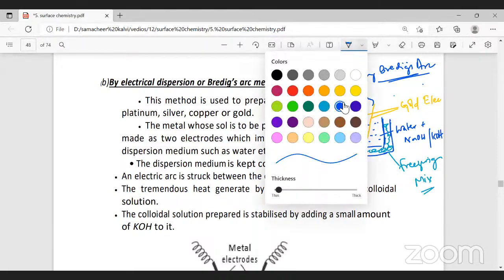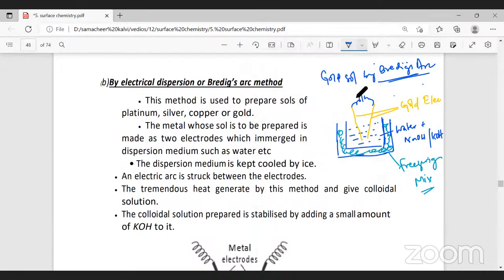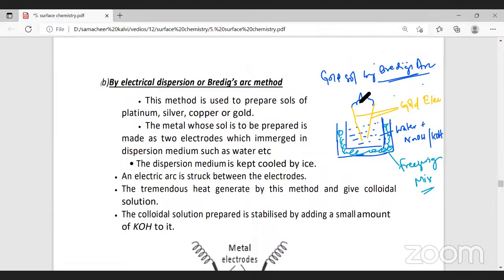Now, on passing electricity at very high voltage, around 15 to 20,000 volts, very, very high voltage.